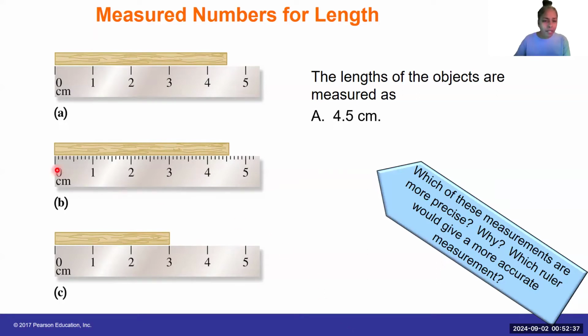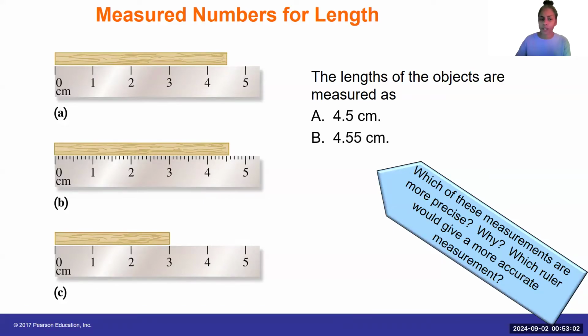Let's take a look at number B. Being that this ruler has more little hashes in between, I can clearly measure 4.5, and then I'm going to guesstimate that last digit as being 4.55.